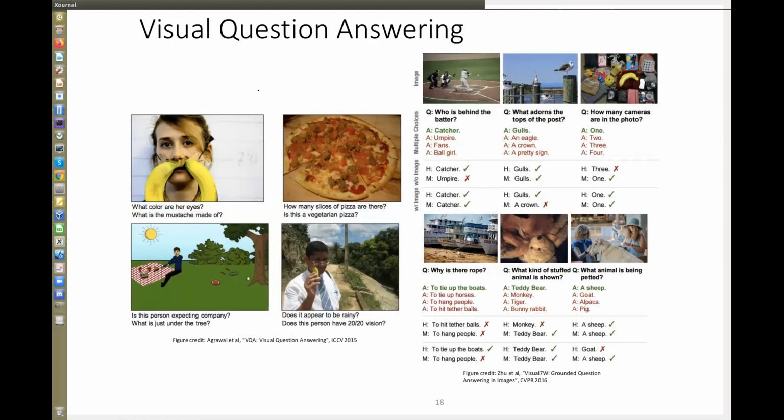And we can also do visual question answering. We give an image and then ask a question and try to have the model answer the question. This is typically a very challenging problem, because it involves several fields: computer vision and also natural language processing.